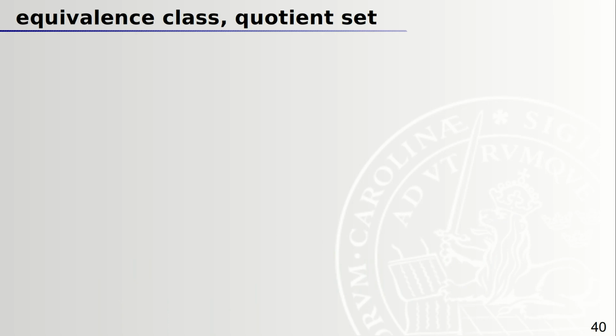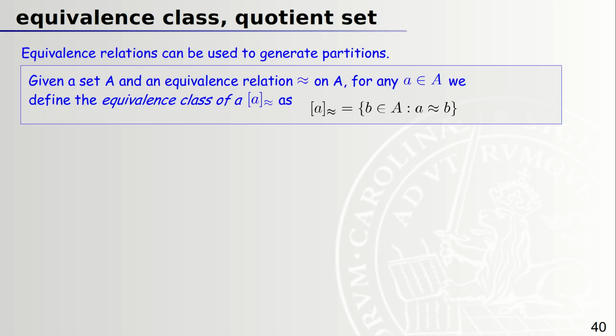If we have a set A and an equivalence relation over it, we can actually use it to compute a partition of A. First, we introduce the notion of an equivalence class. For any element of A, its equivalence class under that equivalence relation is simply the set of all elements of A that are equivalent to it under that relation.